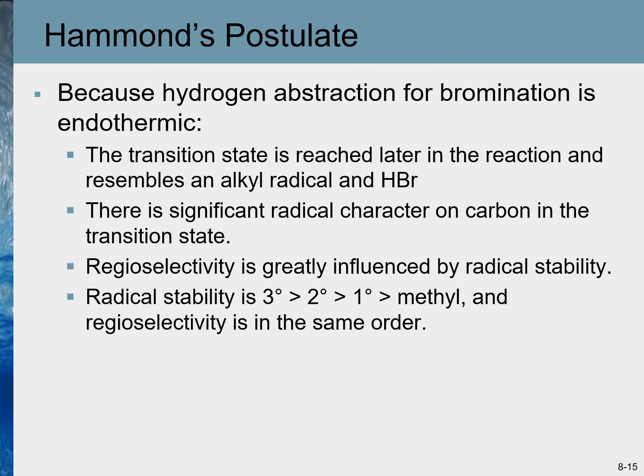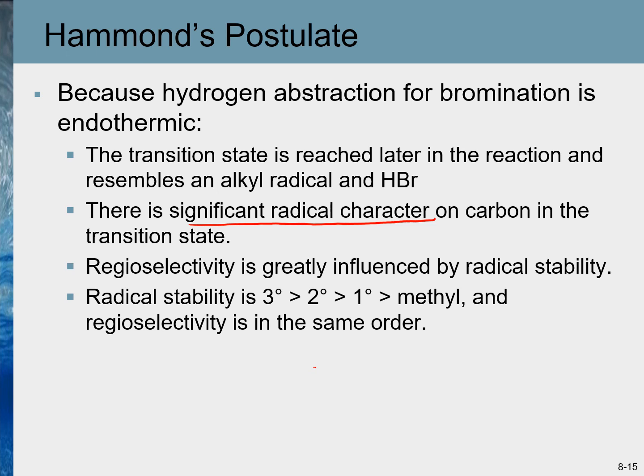On the other hand, the bromination reaction is endothermic. So according to Hammond's postulate, in endothermic reactions, the transition state resembles the product. In the case of a bromination reaction, the products are free radicals. Therefore, the transition state resembles free radicals, and hence has a significant radical character.